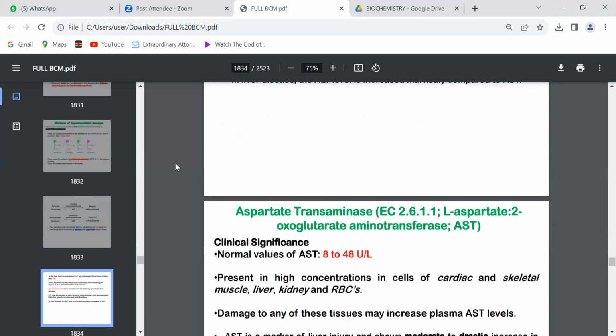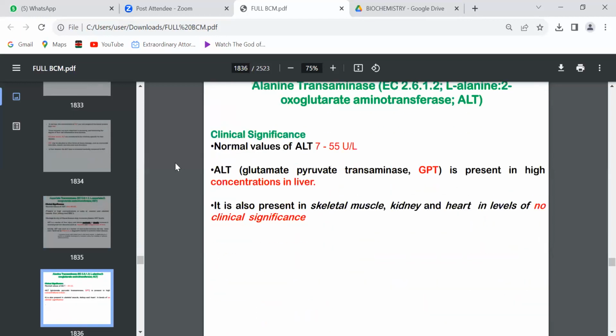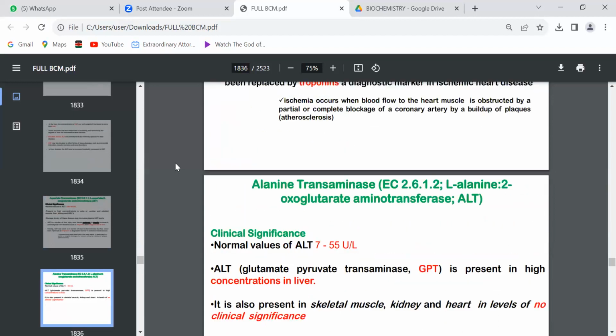My guys, I think the others are just the enzymes and their clinical significance. So you just have to look at that table that we've passed over there.